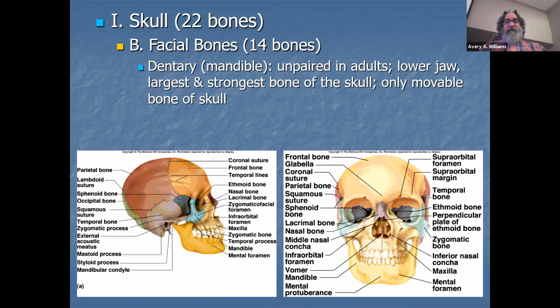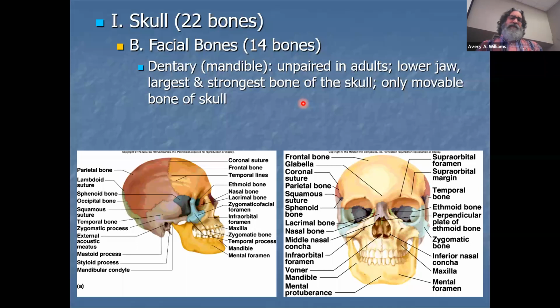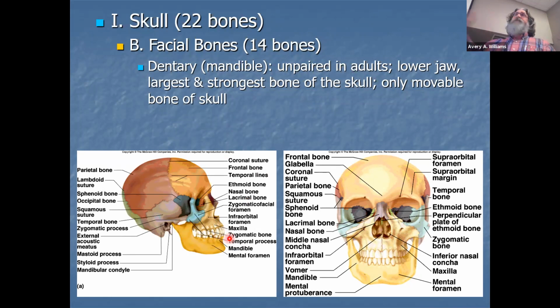Well, in this class, human anatomy, I teach this bone as being one of the facial bones. In another class, it's not part of the facial bone because it's not part of the skull. Your lower jaw is a separate skeletal element, but not in this class. In this class, it's considered part of the skull.